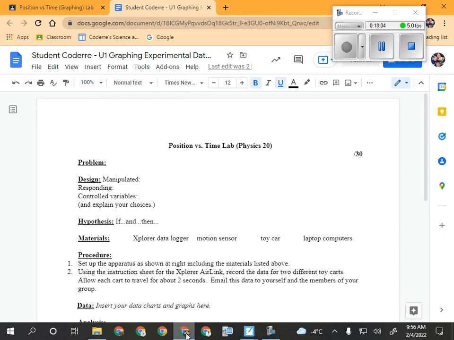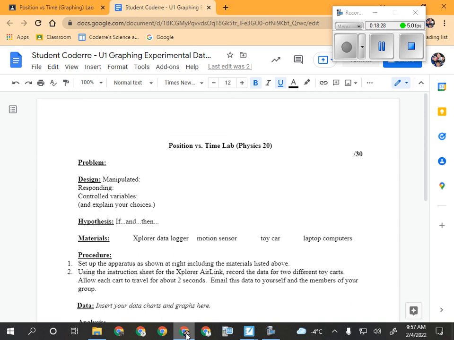Now remember, your controlled variables are the things that you have to keep the same, or at least do your best to keep the same or constant, throughout the experiment, so they do not affect your responding variable. So in this lab, we want the velocity of the cart to be constant.